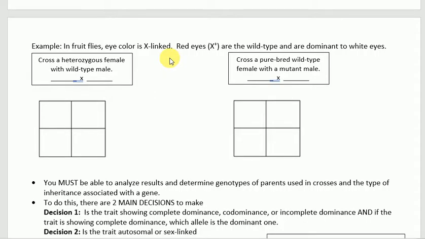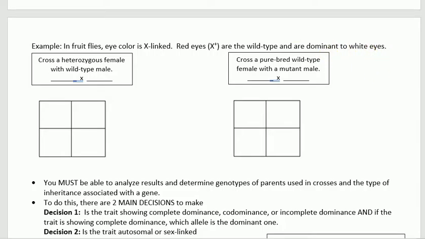For example, in fruit flies, the eye color is X-linked. Red eyes, X^+, are the wild type and are dominant to white eyes. When you see wild type, you may make a note of that. That is usually the most common. And when you see the recessive, that is usually a mutation, which is usually X^-.